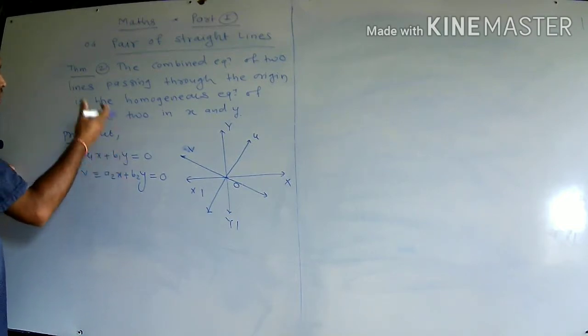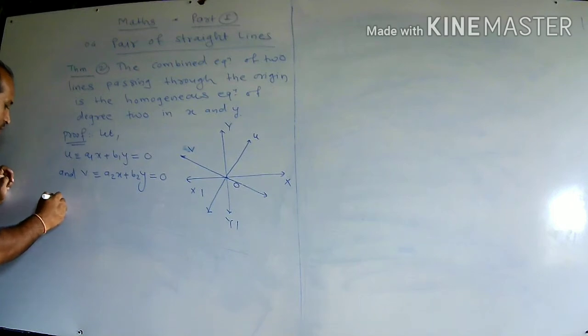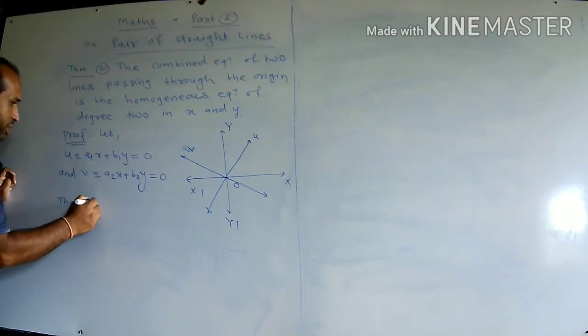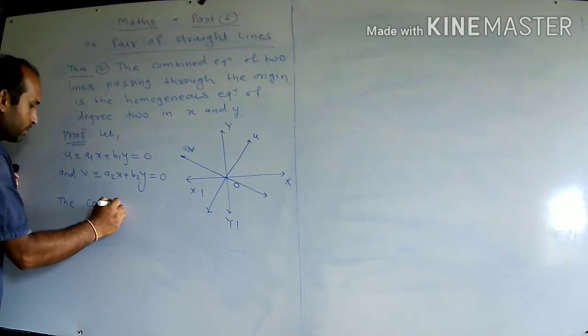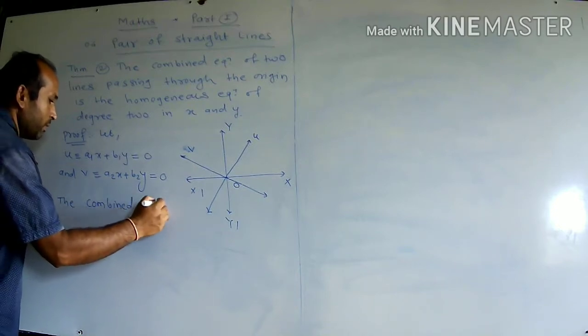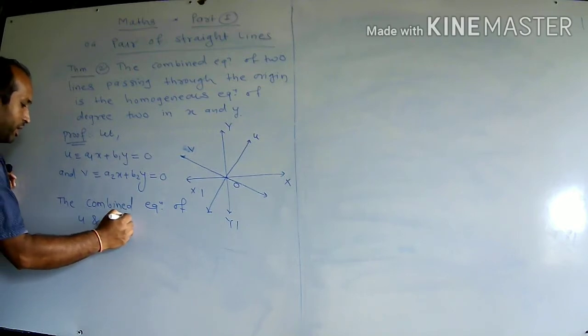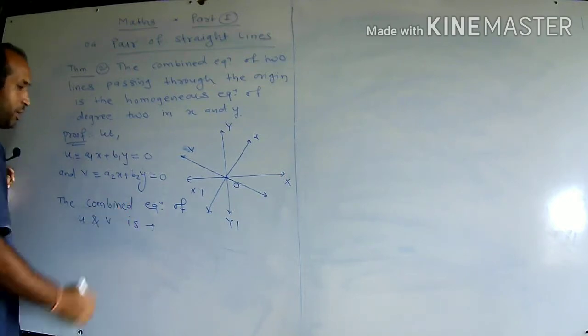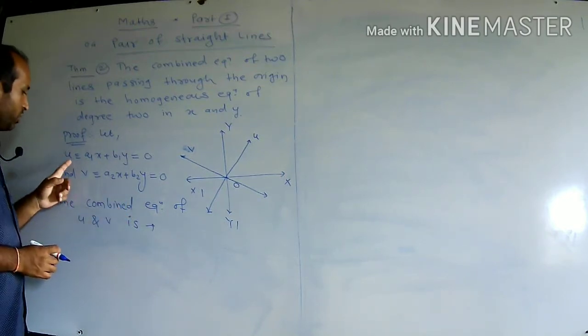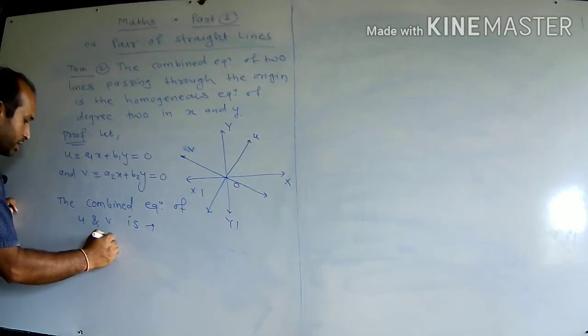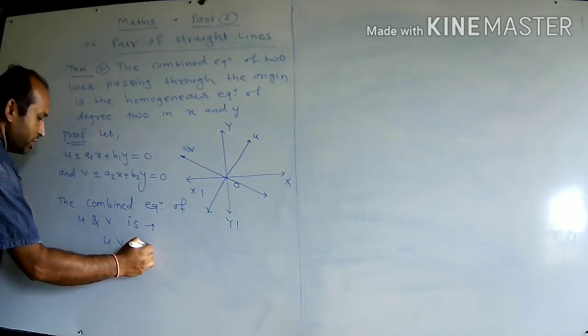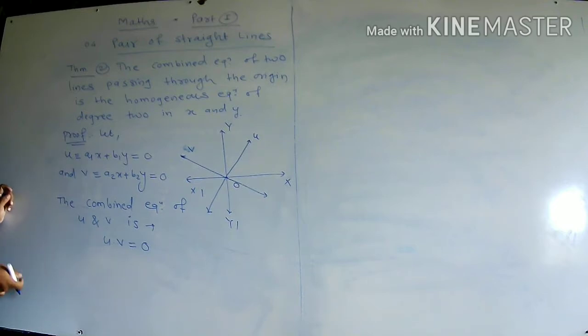So take here the joint equation or combined equation. The combined equation of these two lines u and v is u into v equal to 0. This is the formula.